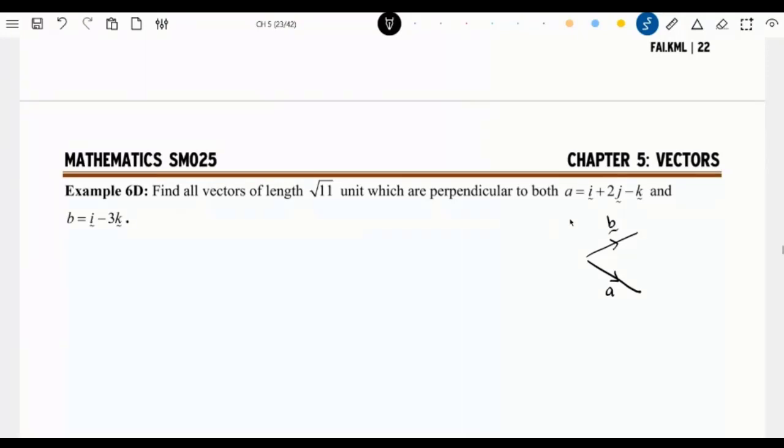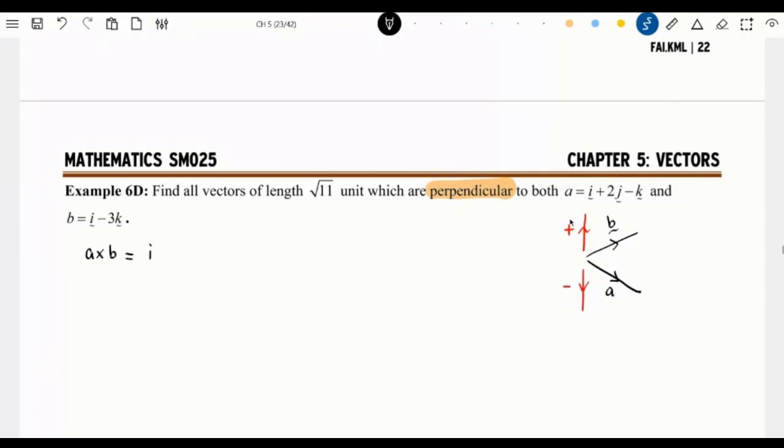Now it asks for vectors perpendicular to both, so it is going to be either upright or downright. So we will find both. To find perpendicular we use the cross product, which is the vector product. So we have to find A cross B.